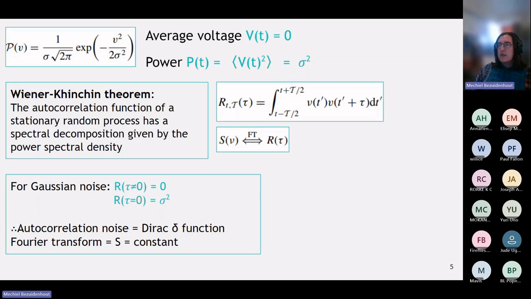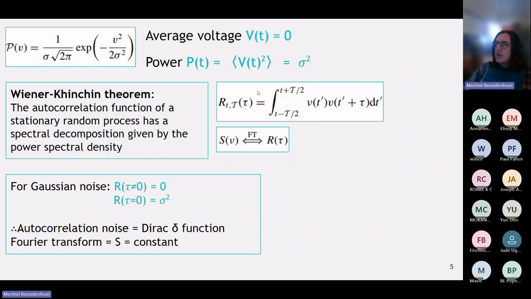Next, we can use an important theorem called the Wiener-Khinchin theorem, which states that the autocorrelation function of a random stationary process has a spectral decomposition given by the power spectral density. So that sounds complicated, but it really isn't.